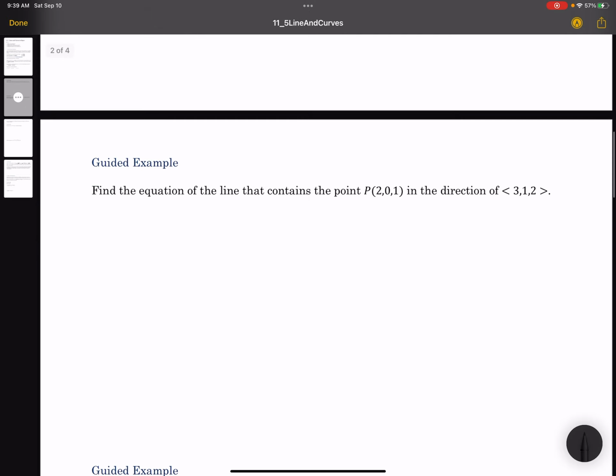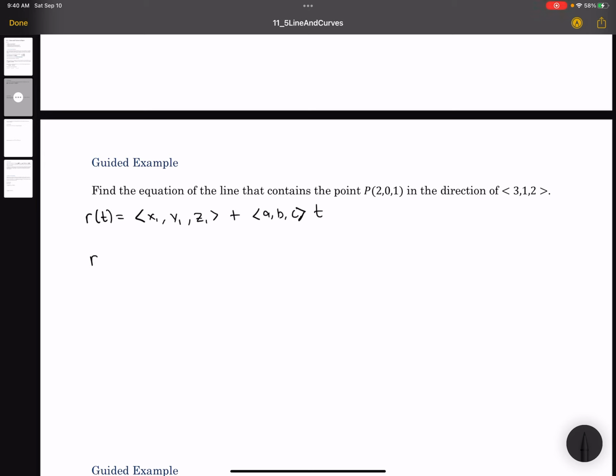So for our first example, we want to find the equation of the line that contains the point 2, 0, 1, and moves in the direction vector 3, 1, 2. So let's make an equation where r of t equals, and now our formula is x1, y1, z1 plus our direction vector a, b, c, t.